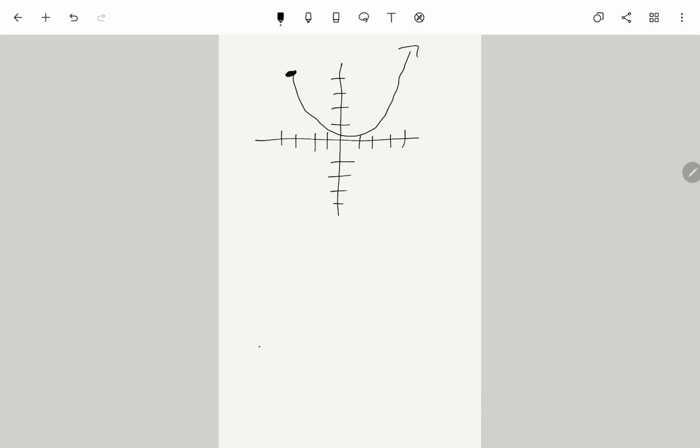So remember, I'm sorry, it's right here to there. Okay, remember, domain is from left to right.